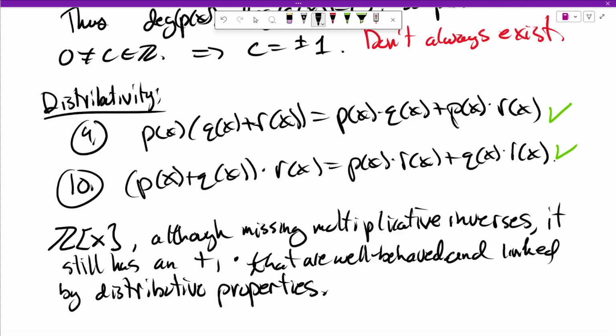We didn't have multiplicative inverses, but it was still interesting. And what we're going to see is that these weaker structures that have an addition and multiplication form something nice called a ring. In this case, it's going to be a commutative ring because the order of multiplication doesn't matter. But this is one of the best examples of a ring, for some meaning of the word best.